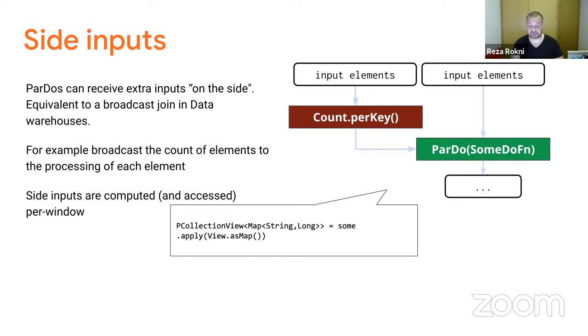What we may want is the store location or the lat long, as well as the state, etc., to be added to the data set. So side inputs are a way that we can do this. It essentially allows us to create things like maps that we can look into, and that map is sent to all of the hosts where we have the elements being processed, and we can enrich the data moving it forward.